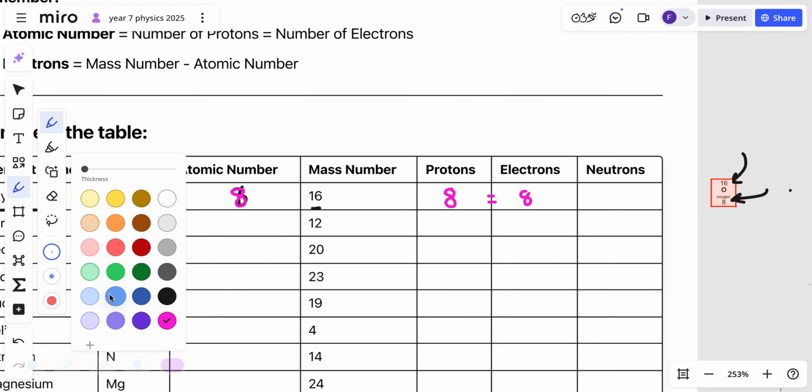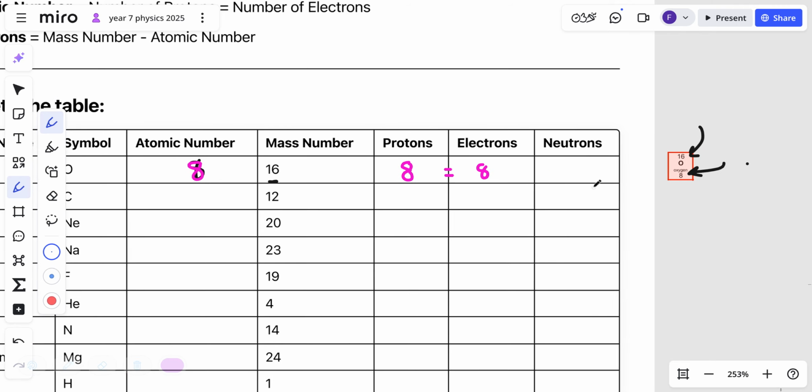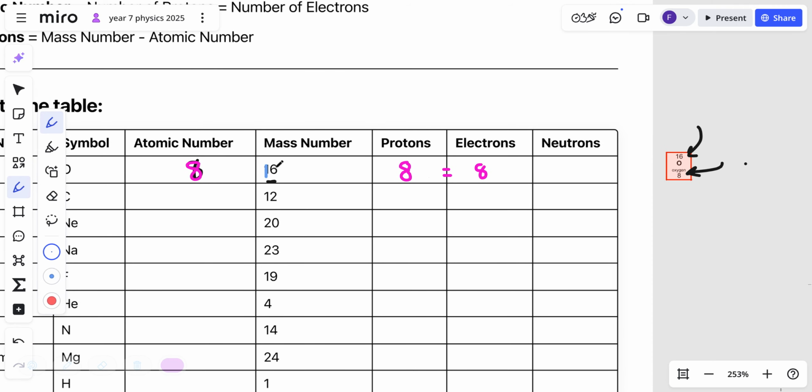Let's go for blue. So to work out the number of neutrons, you take your mass number, 16, and I'm going to colour code this. So you do 16, and you take away your atomic number, which we did in pink, which is 8. 16 take away 8. So the number of neutrons we have is going to be, let's pick a different colour for neutrons. Green, 8.